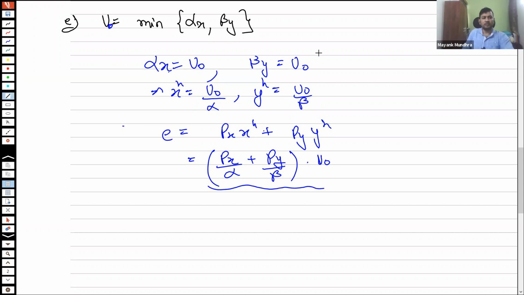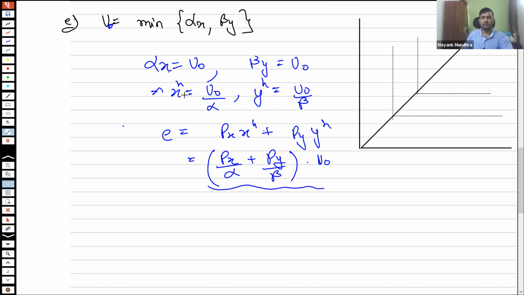In the min case, what's happening is, suppose these are my ICs, and suppose I want to reach this level of utility u naught, and assuming I have some ICs which maybe look like this. Then as you can see, the cheapest way to reach this bundle is at the vertex.